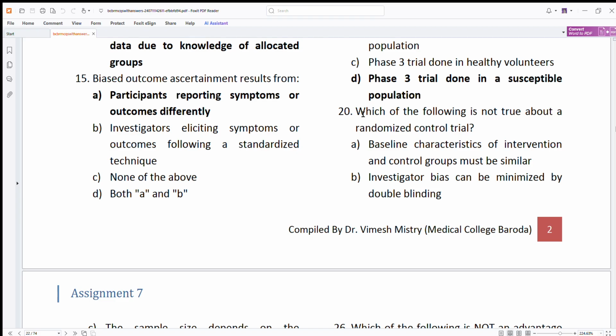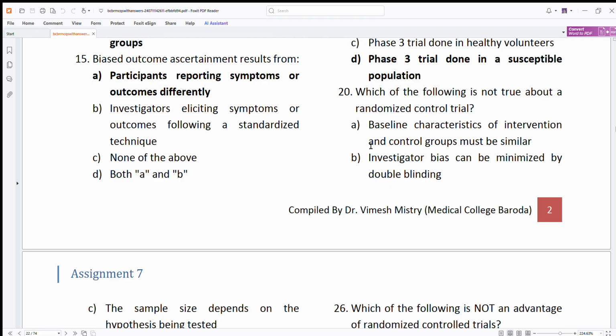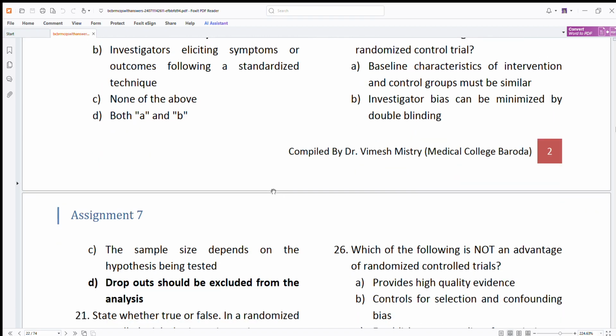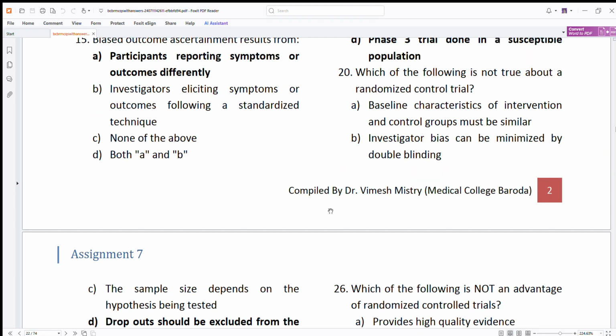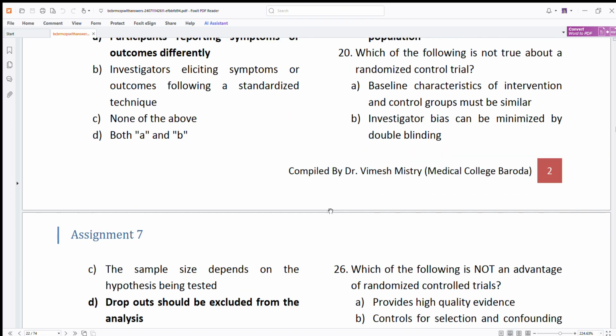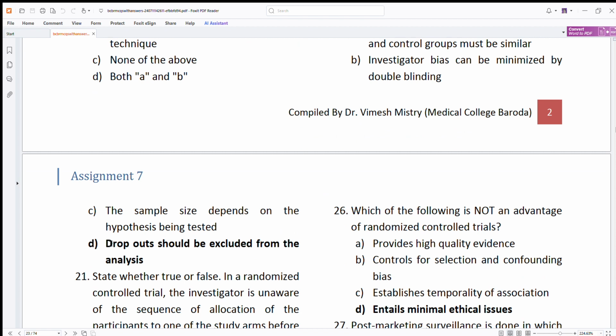Which of the following is not true about a randomized controlled trial? Dropout should be excluded from the analysis. This is not true. We can do an intention to treat analysis, or we can include them also.